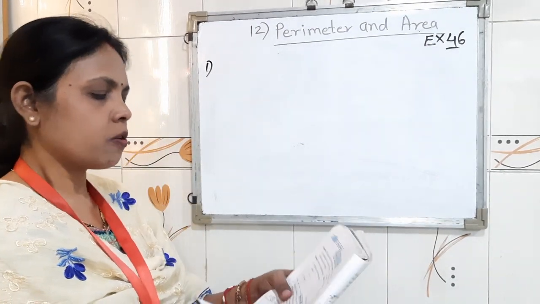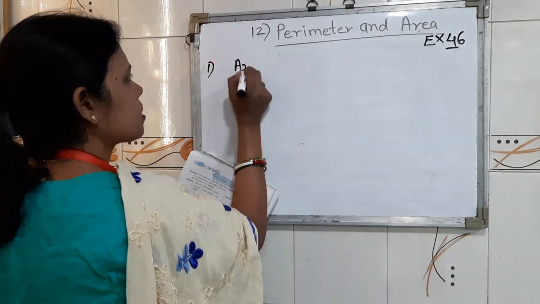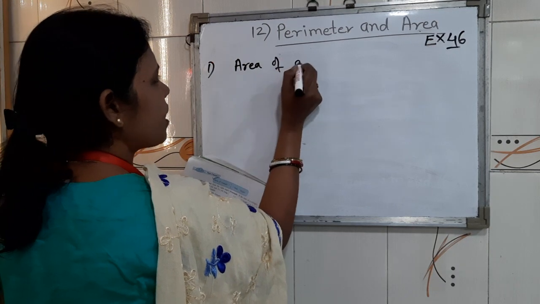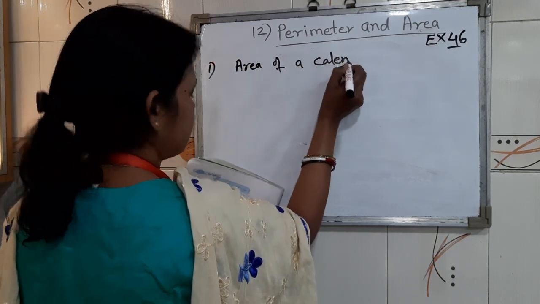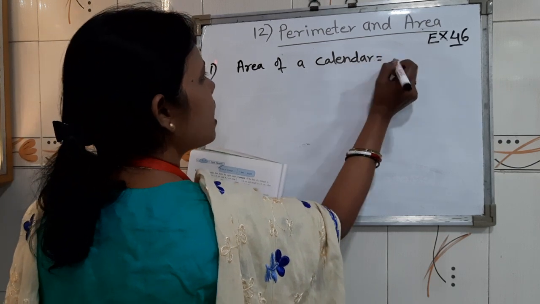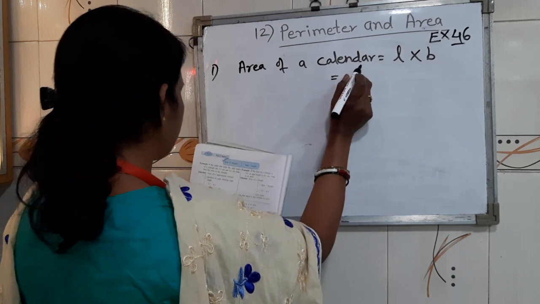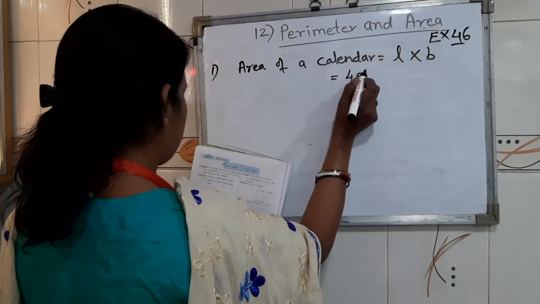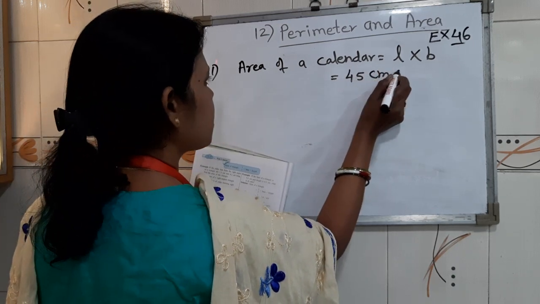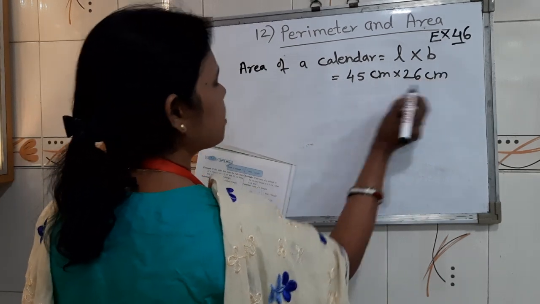That's why we will write: area of a calendar equals length into breadth. The length is given 45 centimeter and the breadth is given 26 centimeter.